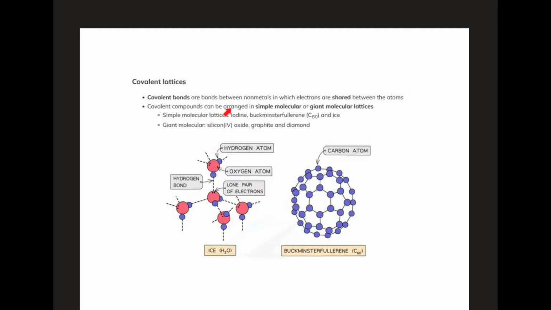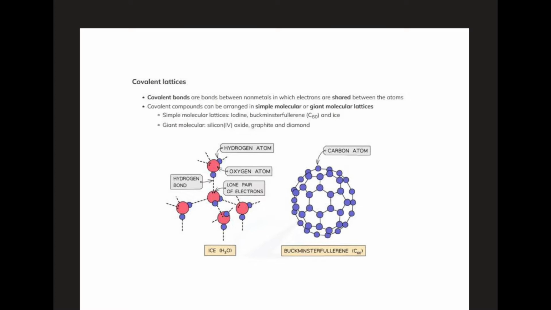Covalent compounds can be arranged in simple molecular or giant molecular lattices. Okay, so two situations. Simple molecular, for example, water. Giant molecular lattices, for example, diamond.